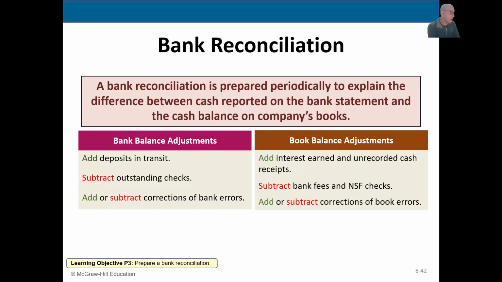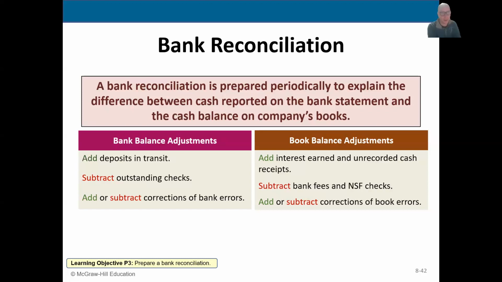I also need to subtract out any outstanding checks. Outstanding checks are I wrote the check, but it hasn't been cashed yet, right? I paid my Pepco bill, but Pepco hasn't cashed it yet. That's called an outstanding check.